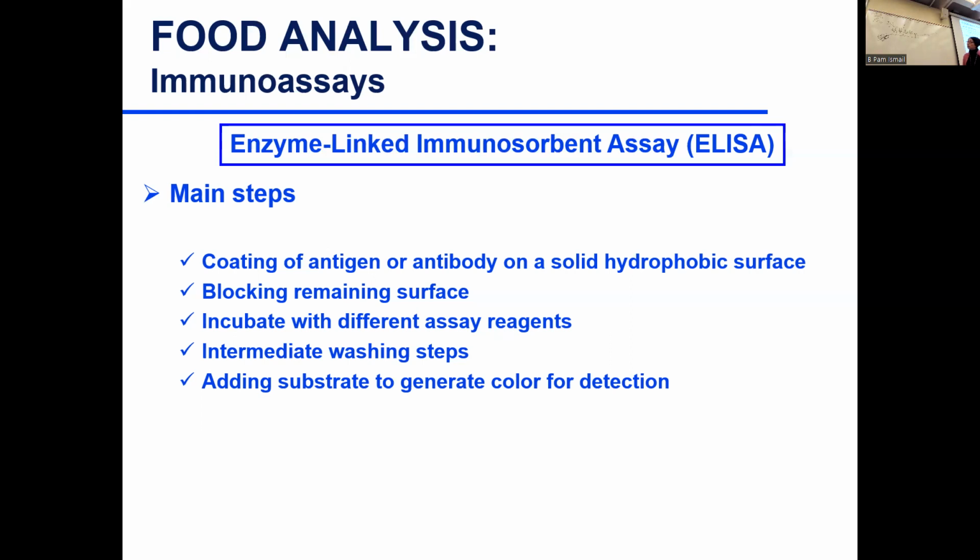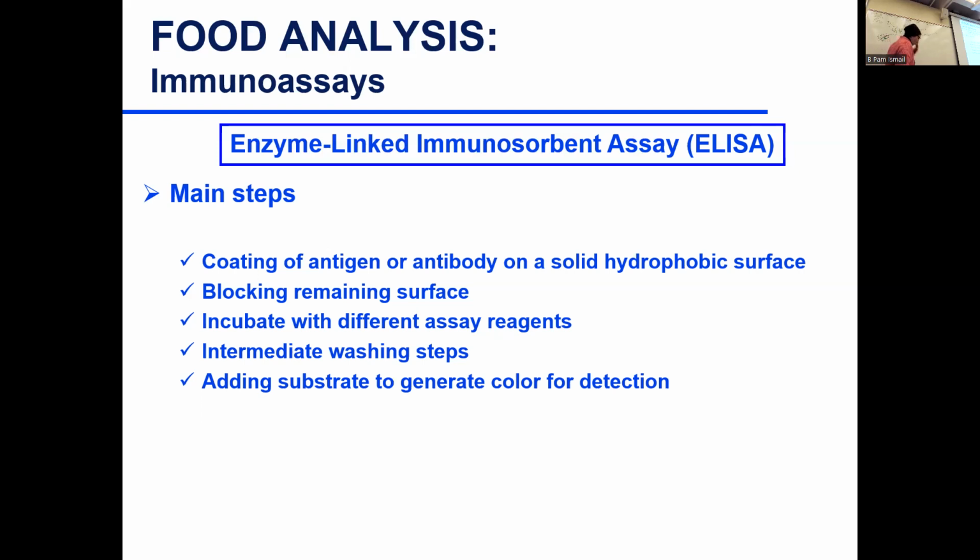Okay, so what you want to remember is what we call this, your hydrophobic surface, captured antibody. This is your detection antibody. And then enzyme. Then you add your substrate. And then you will have a product to measure.